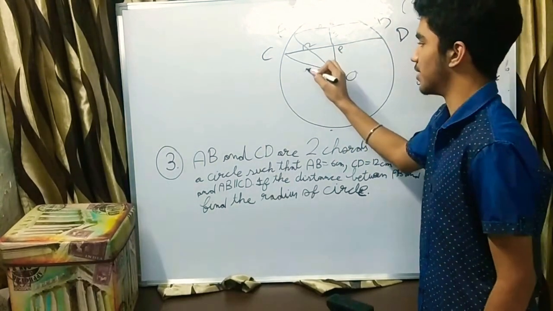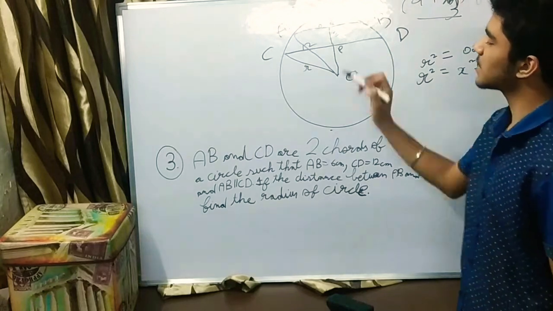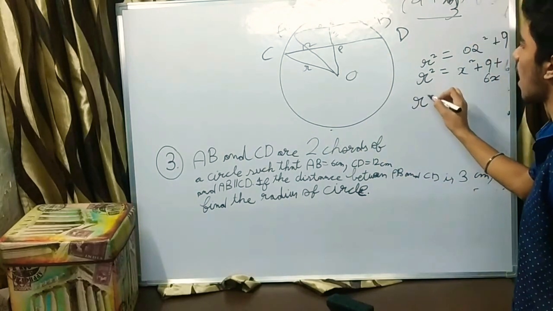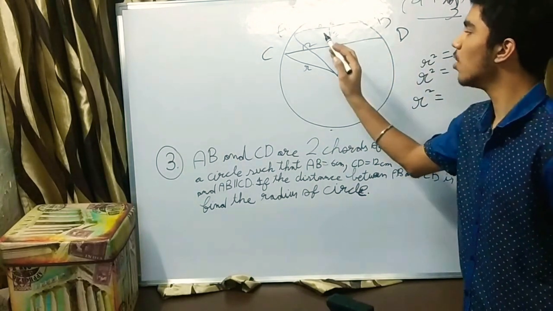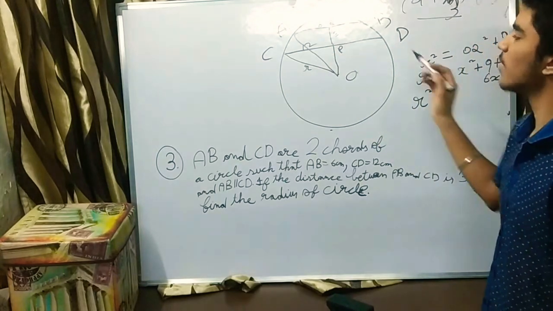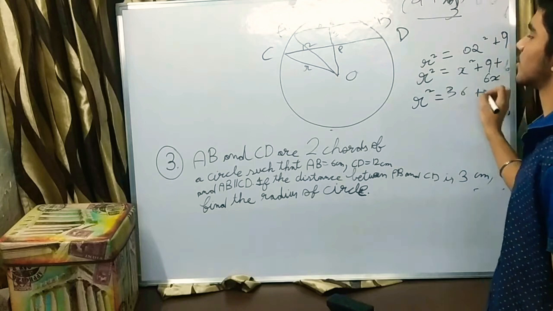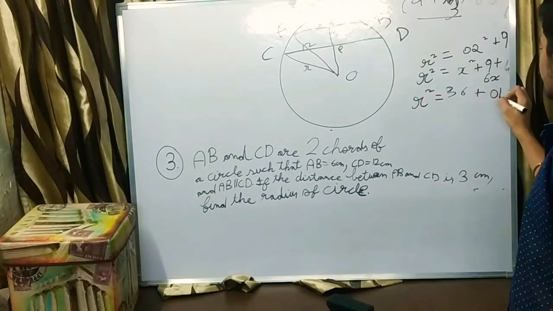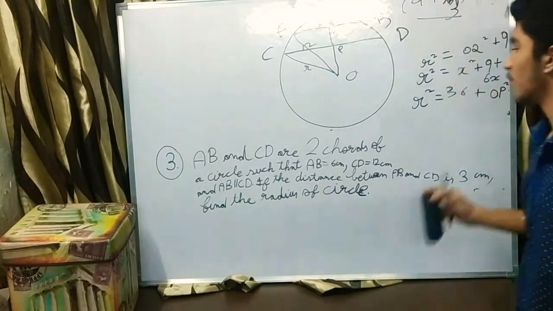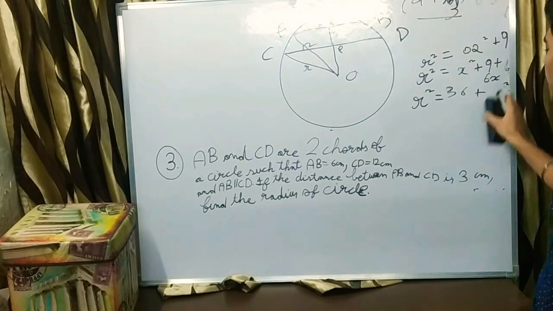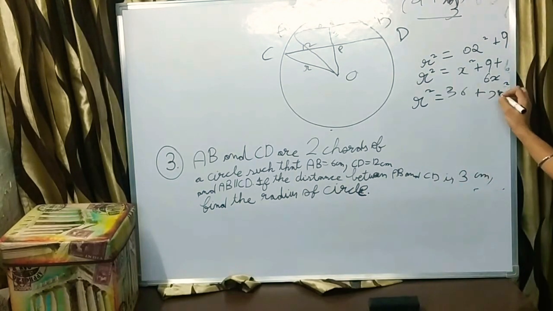Now this is also radius. Now in this triangle also we can say that r square is equal to 12 divided into half, 6 square would be equal to 36, 36 plus OP square. Now OP we said we will take as x, so we will write here x square.